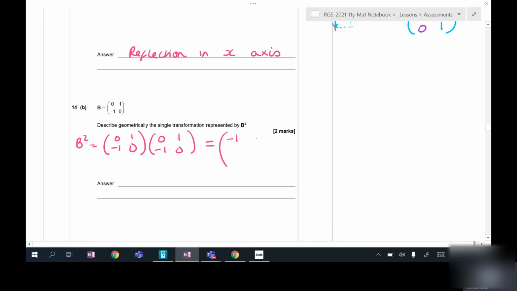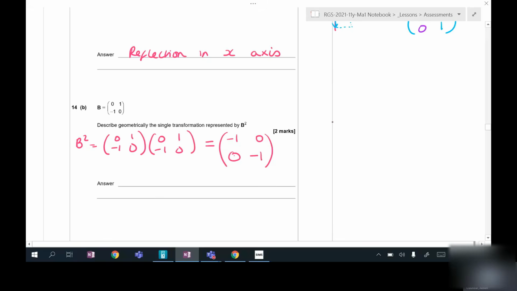This one here will go along and then down, so 0 times 1 and 0 times 1, so that gives you 0. This one here, go along and then down, so minus 1 times 0 and 0 times 0 again. And then for the last one, you're going along and down, so minus 1 times 1 is minus 1, and 0.